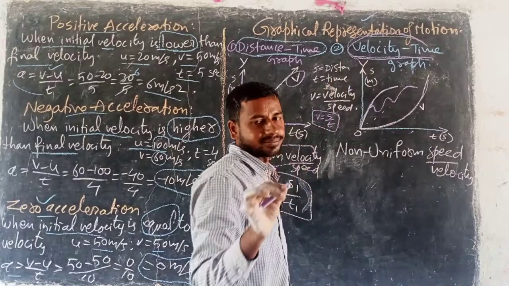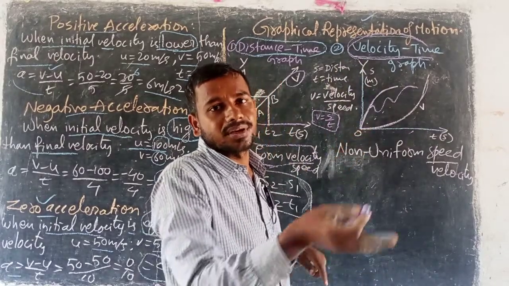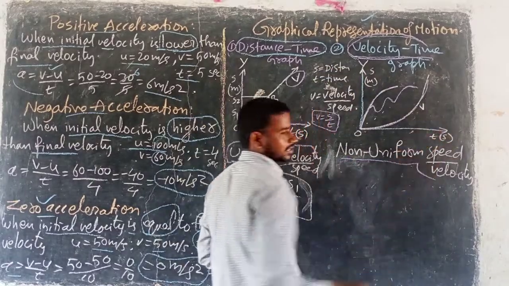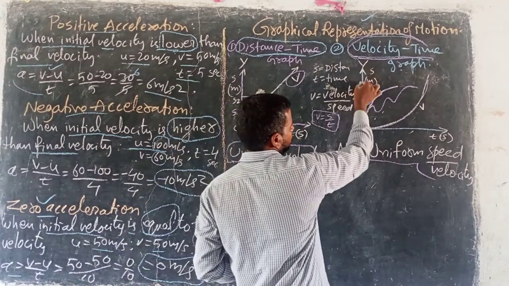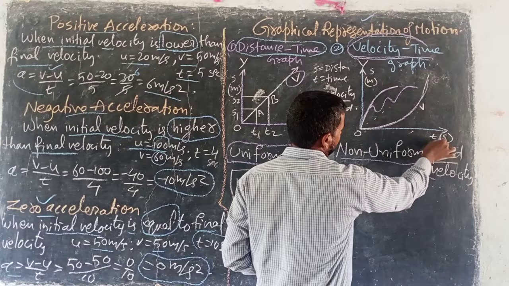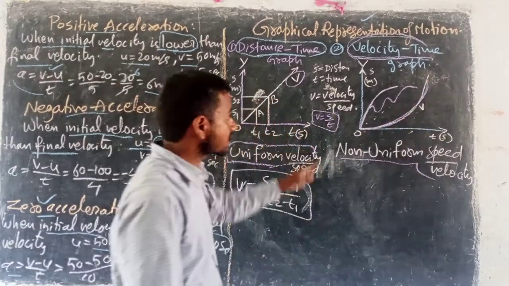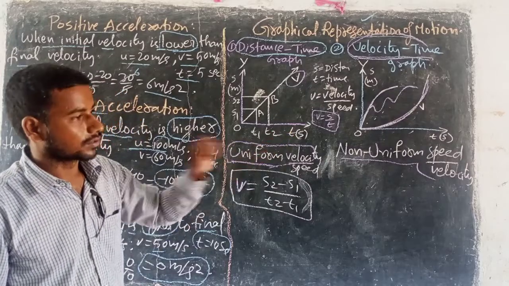The velocity line comes, but not at 45 degrees, because that is non-uniform velocity, non-uniform speed. This is the same, y-axis for distance and x-axis for time. The line is coming in a curved path. That is called the non-uniform graph for velocity.